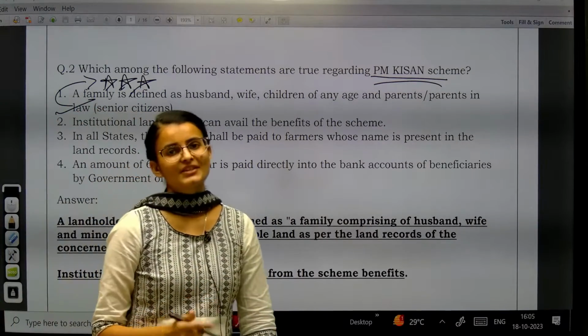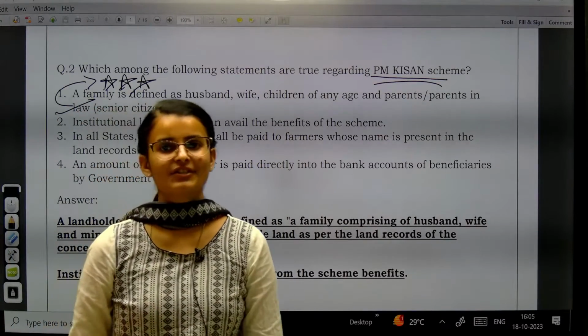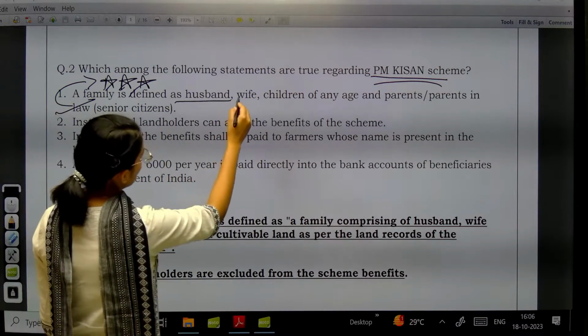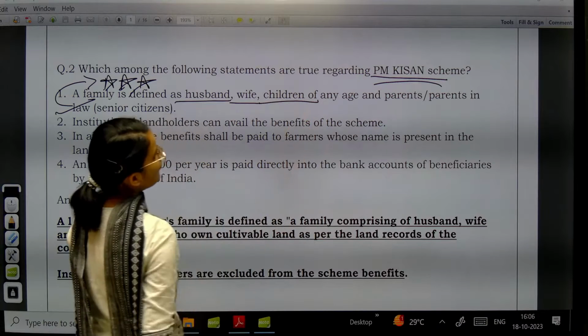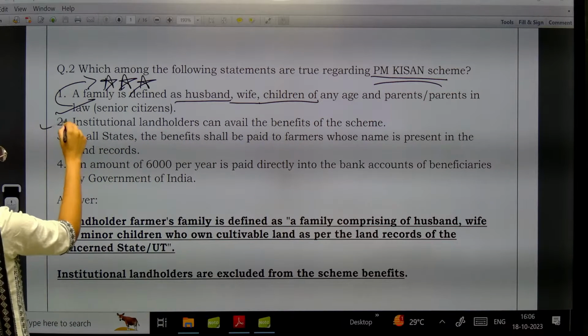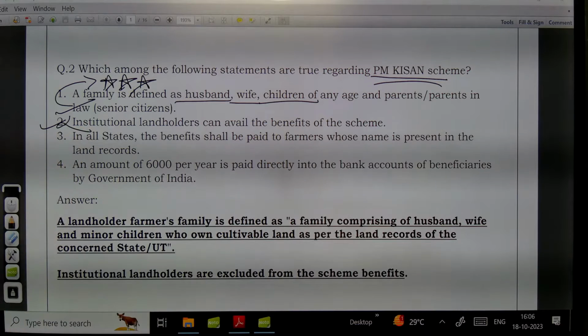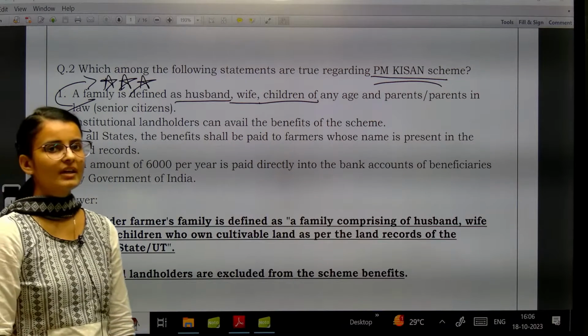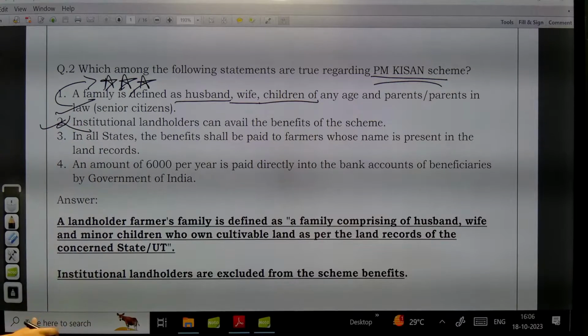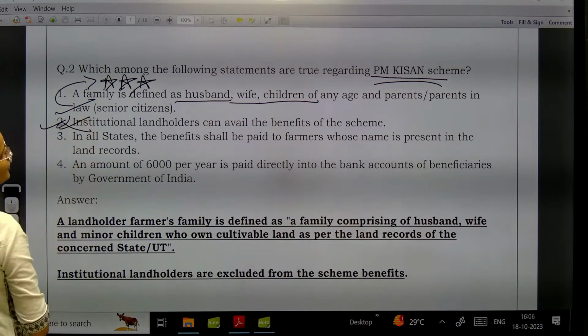Anything given on this website of the ministry is very important. That's why I have included it and told you also. It includes husband, wife and children of minor age, not of any age group. Institutional landholders were not allowed. Why? Because this scheme is only for small and marginal, for all farm landholders, but not institutional landholders.